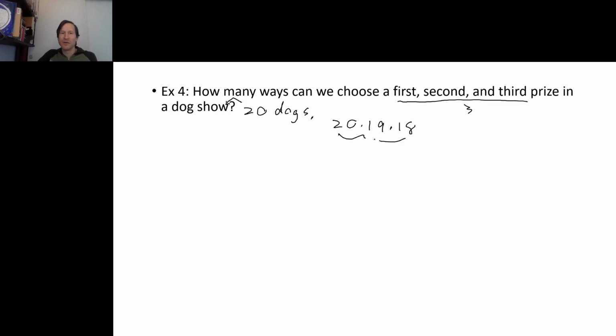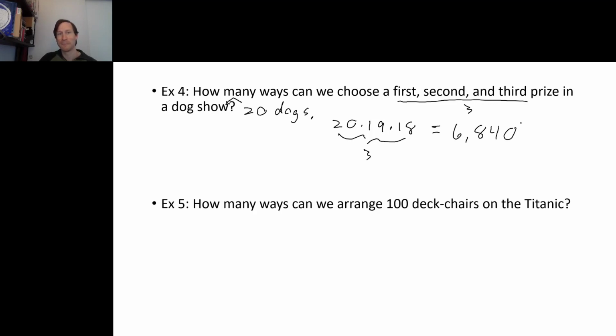And we have 3 factors in this product now, so we can stop writing out all of our multiplications. So 20 times 19 times 18, that's 6,840. So there's 6,840 ways of awarding prizes to dogs in the dog show.